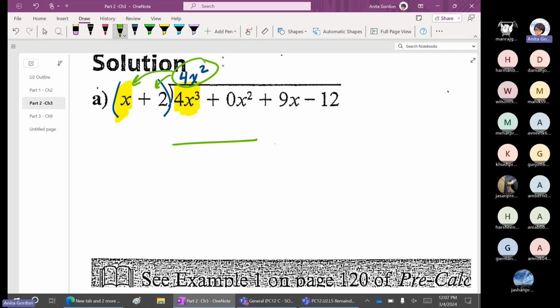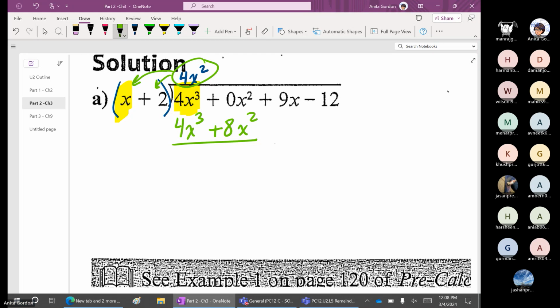So I'm going to say 4x squared times x is going to give me 4x cubed. 4x squared times positive 2 is going to give me positive 8x squared. So when I do the long division process, I'm doing it as a binomial. But as I work it through to find the quotient, I focus on the first term.